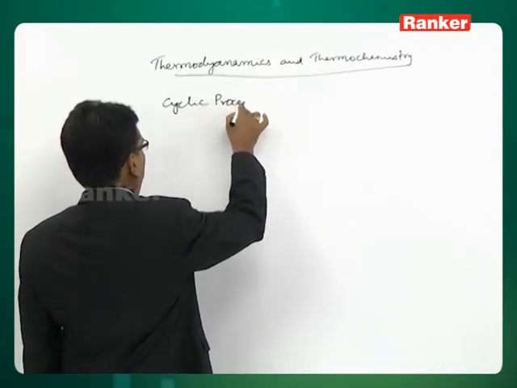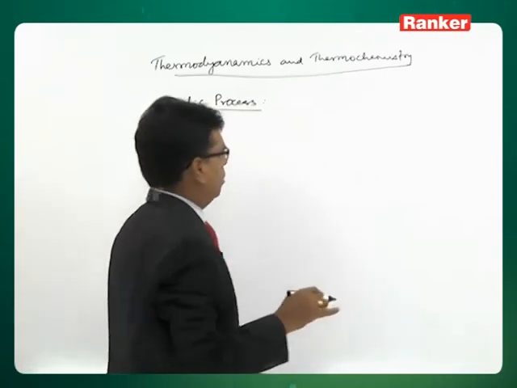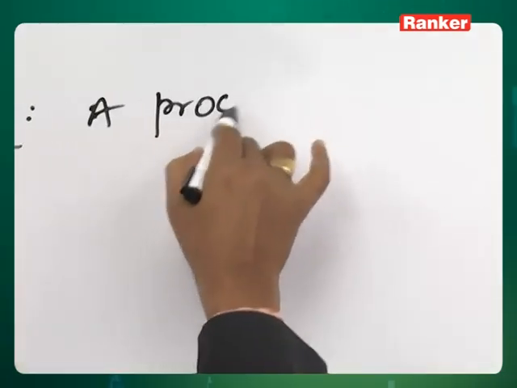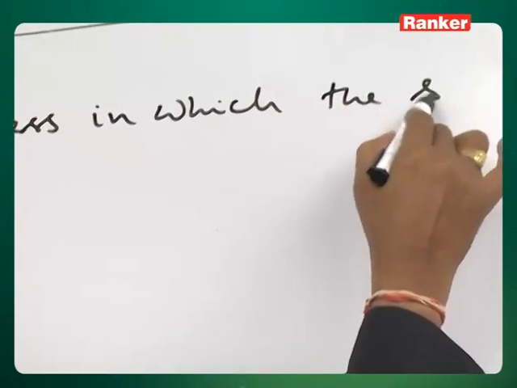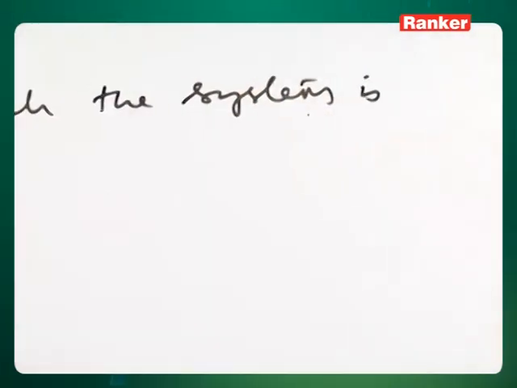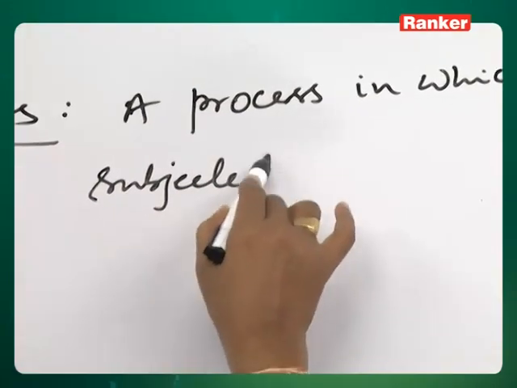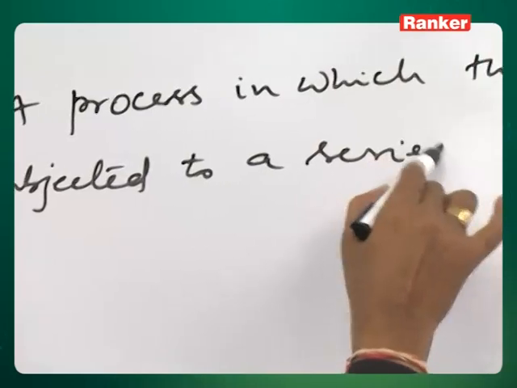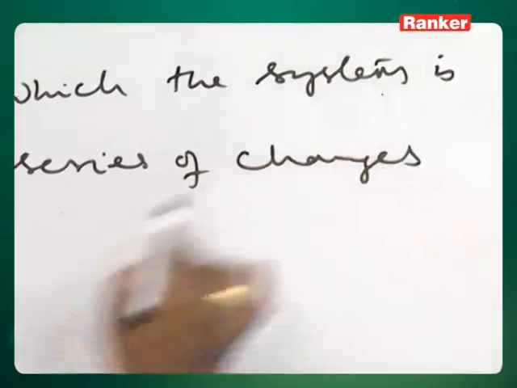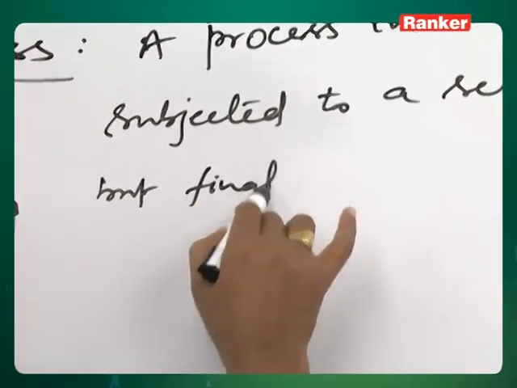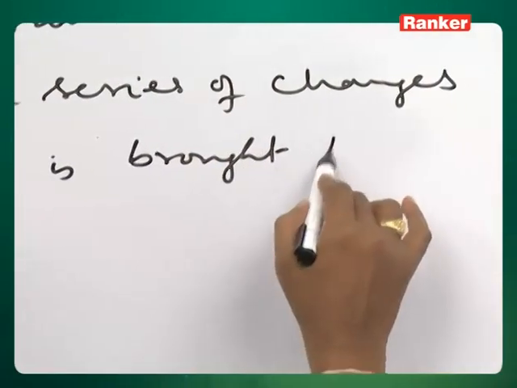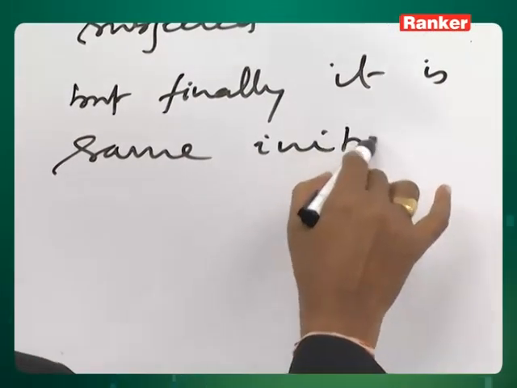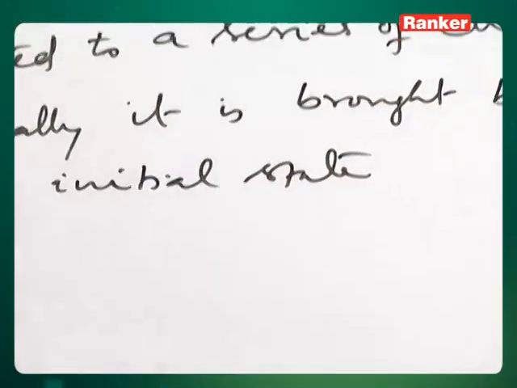Cyclic process is a process in which the system is subjected to a series of changes, but finally it is brought back to the same initial state.